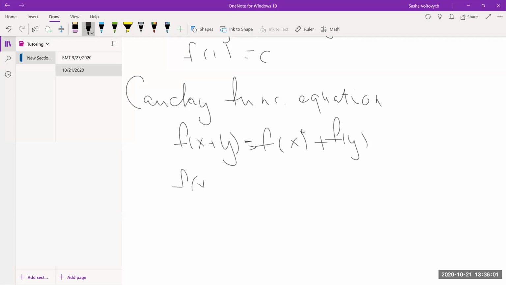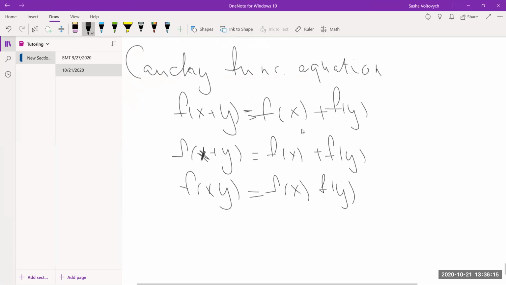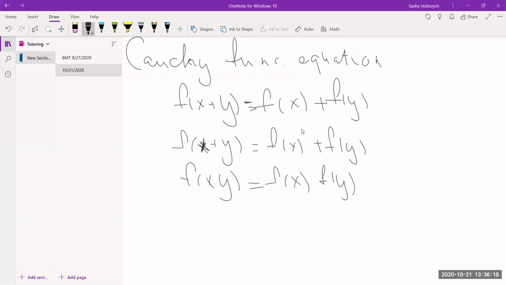There are some variations where we have to find all functions such that this is true, or this, or even this. Wait, no, I meant to write product here.